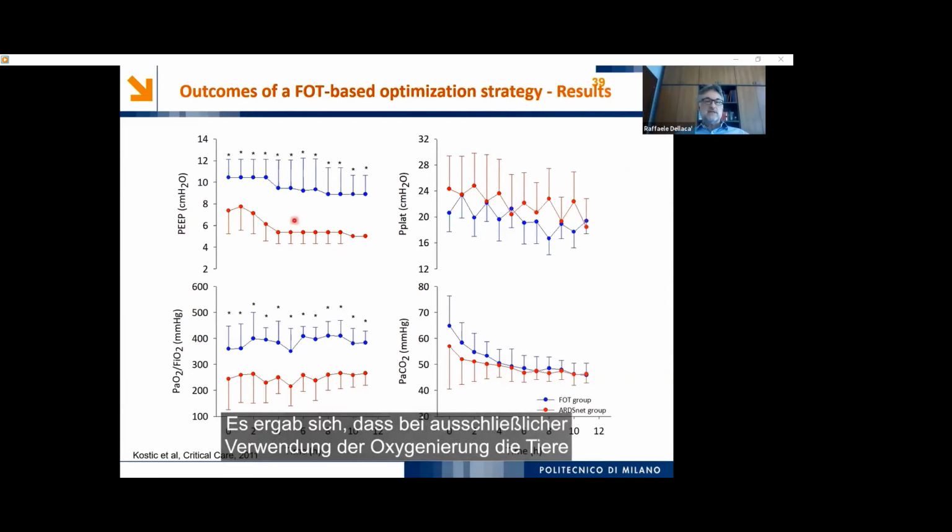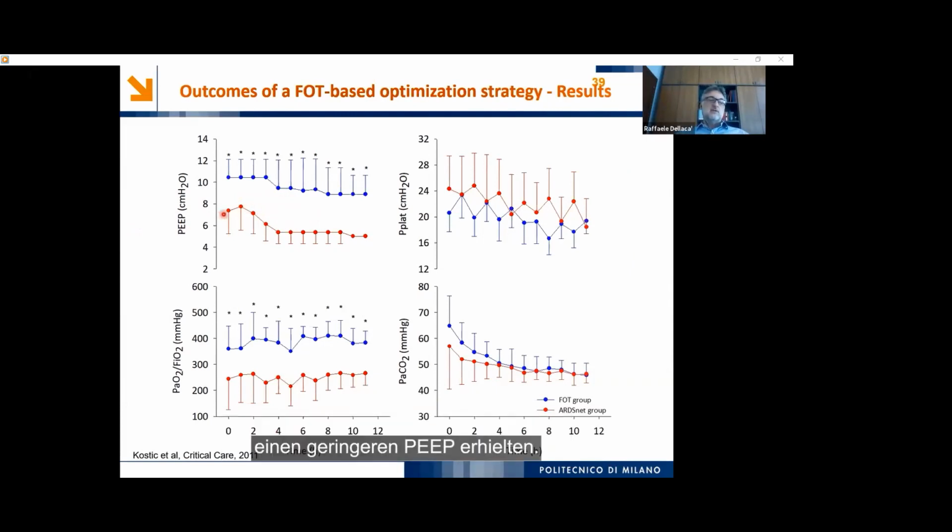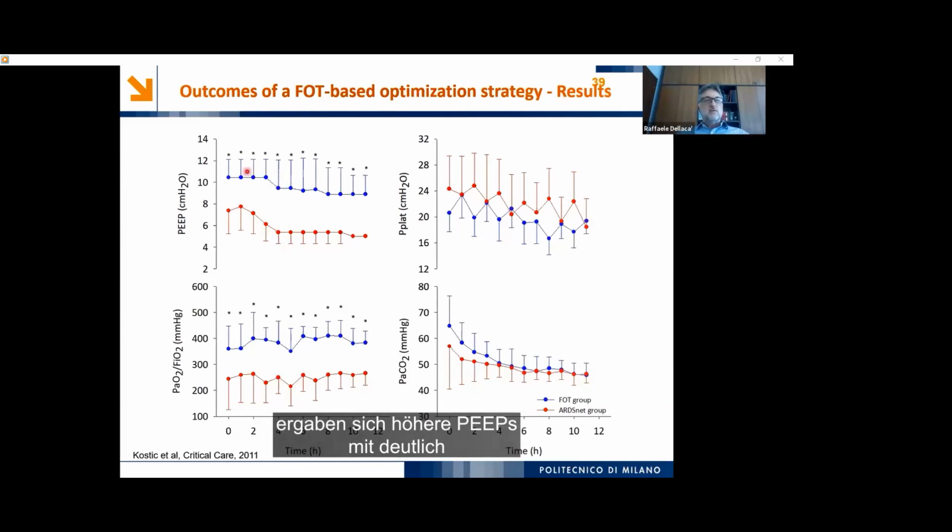And what we found is that if you were only using oxygenation, the animals were receiving a lower PEEP, and actually, as you can see, it's also less variable. There is a low degree of individualization. FOT was actually suggestive of using higher PEEPs, but also the variability was much higher.